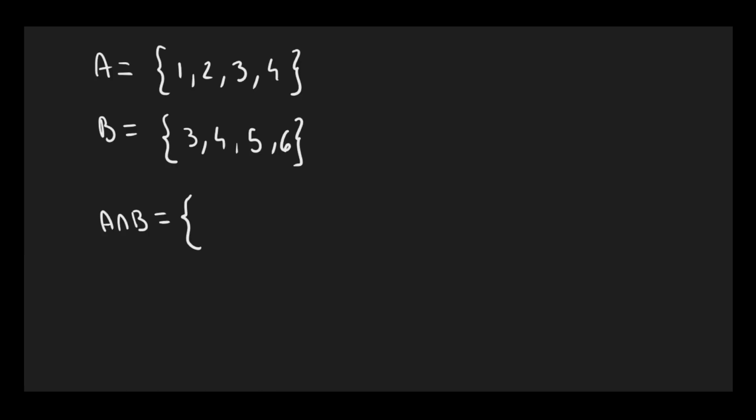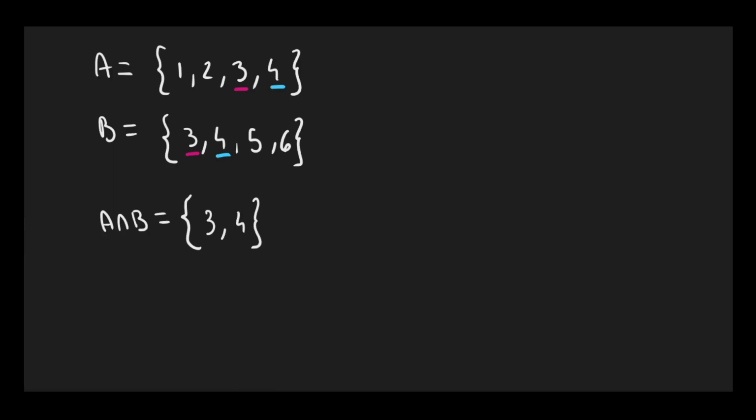So in this case, 3 is found both in A and B, and 4 is found both in A and B. All the other elements are not found in both sets. They are just found only in A or only in B. So therefore, in this case, A intersection B is going to be 3, 4.